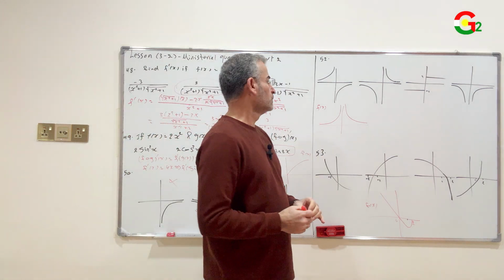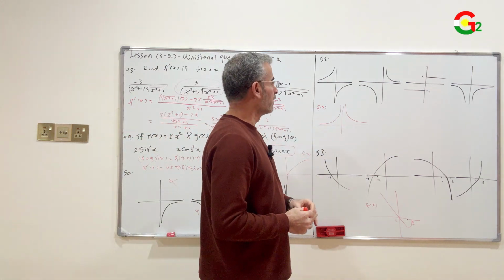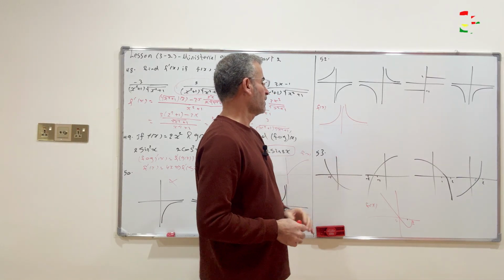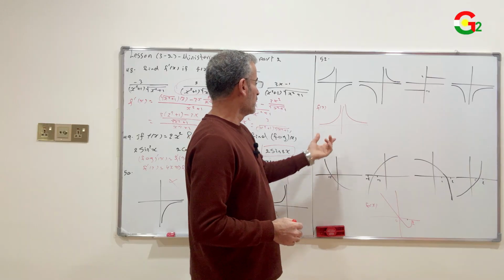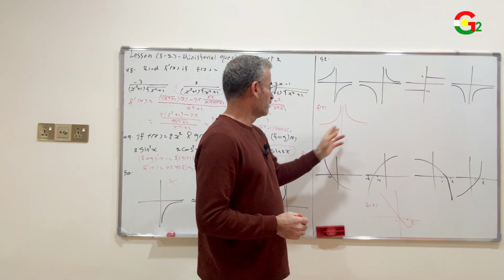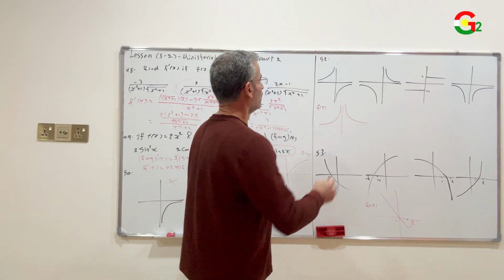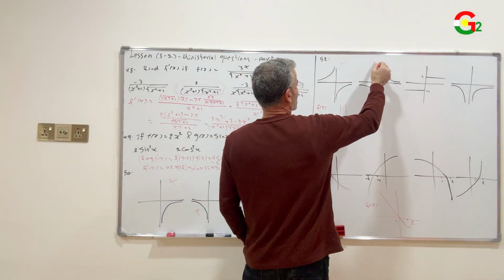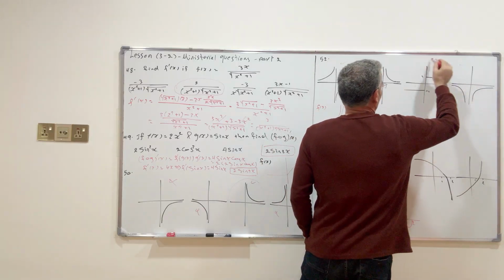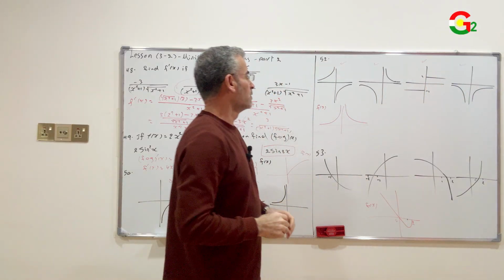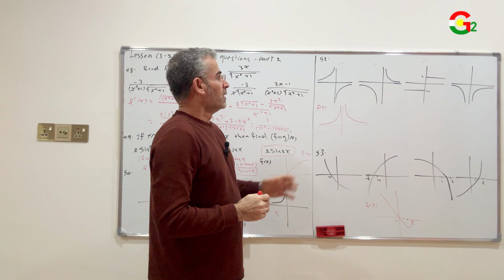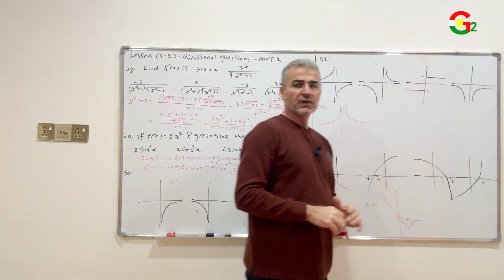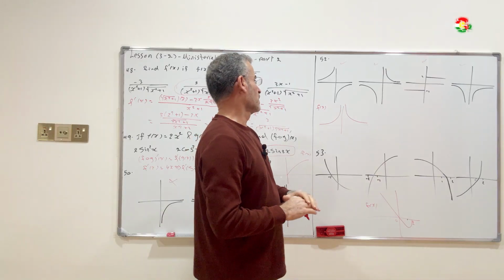Question number 52. Which one of the following graphs is the graph of the derivative of this function? As you see, the domain of this function is negative infinity to infinity except 0. So this graph may be the right choice, and this graph, but this graph is wrong because it is not a function, and it's from negative infinity to positive infinity including 0.